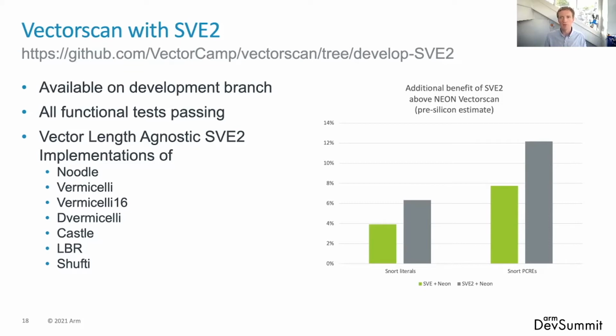So comparing the two is a fair comparison in terms of their capability. Now, 0% on this graph represents the performance of this system when run using Neon instructions. So as you can see, we see a nice benefit from making use of the SVE vector units and a nice additional benefit of SVE2.